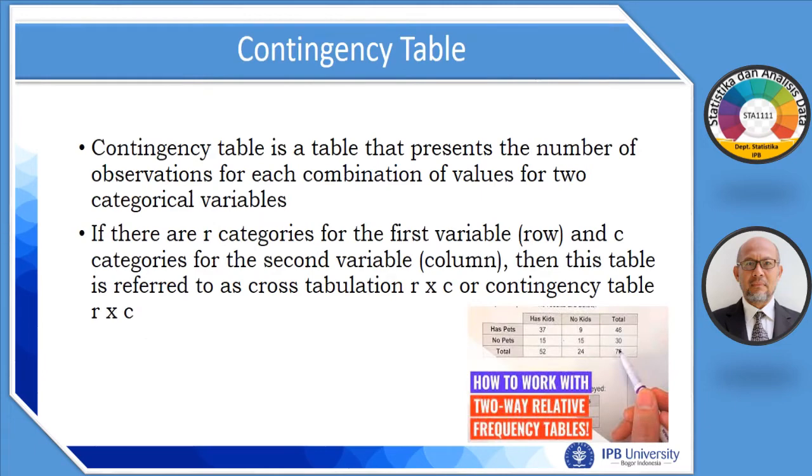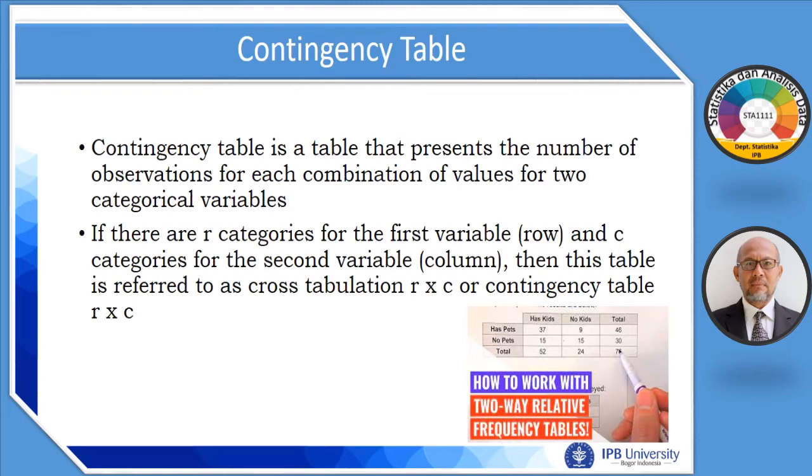Okay, let's remember the contingency table. Contingency table is a table that presents the number of observations for each combination of values for two categorical variables. Okay, do you still remember? Yeah. Okay.